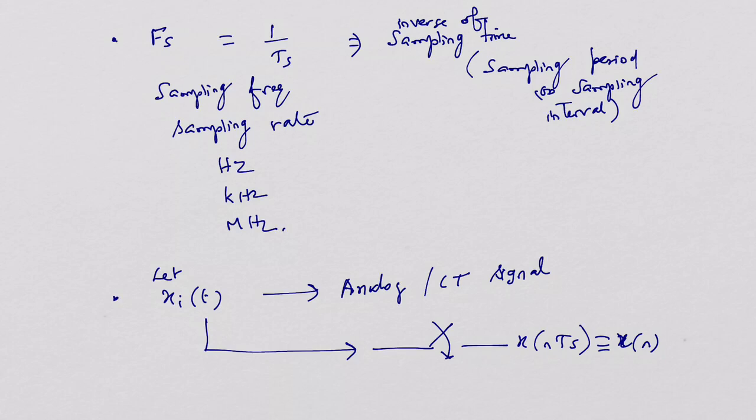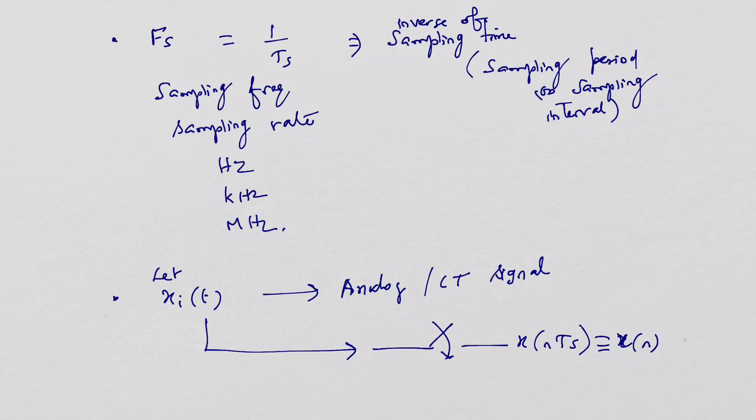It is denoted by Ts or T. The unit of sampling period, capital T, is seconds. It may be milliseconds, microseconds, or seconds. The inverse of the sampling period is called the sampling frequency or sampling rate, Fs. The unit of sampling frequency may be hertz, kilohertz or megahertz. Rate of sampling.